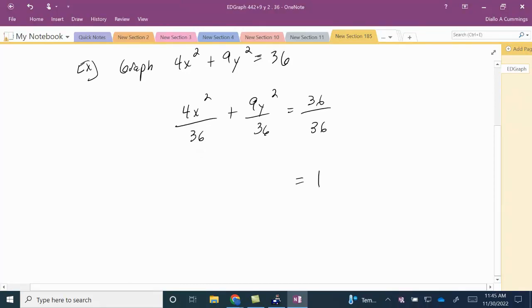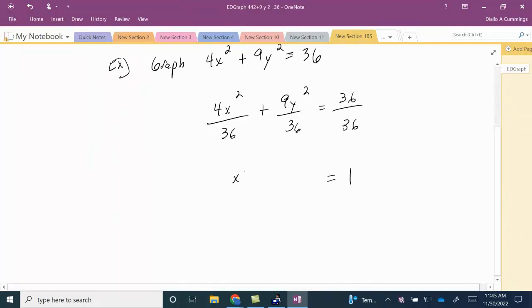Next, I'm going to simplify my fractions. 4 divided by 36 is going to give us 9, and if we reduce 9 over 36, that's going to give us 4.